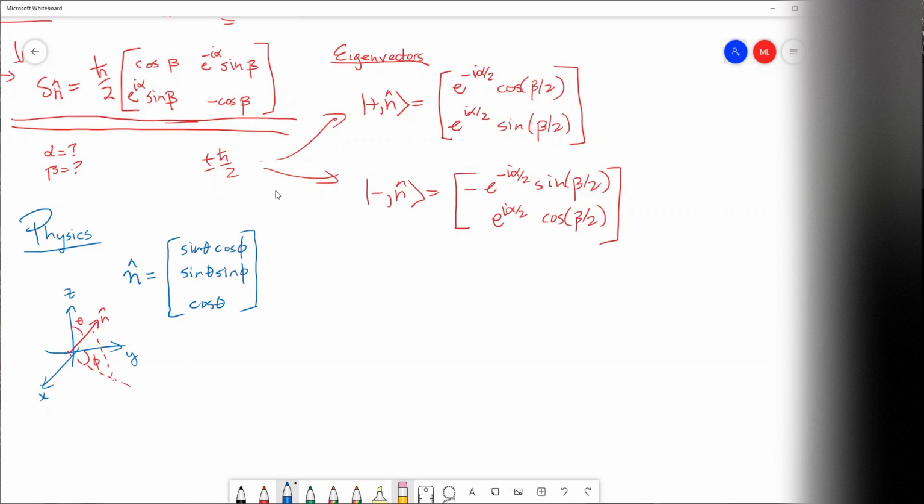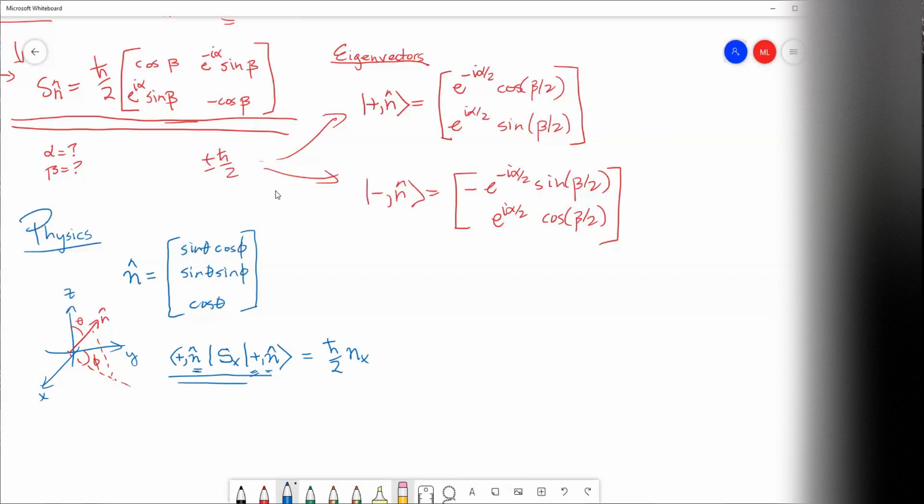And what do we expect? We expect that if we take a measurement of the spin along the x direction, and we calculate the expectation value of this spin operator with respect to a spin up prepared in the n hat direction, then if we measure this over and over again, this better give us h bar over 2 times the x component of n hat, because that's what it should be on average.